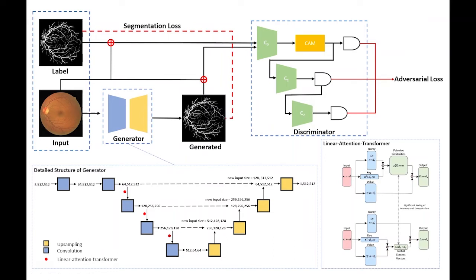For example, we give the generated image a score of 0.2, and we give the label a score of 0.9. So the adversarial loss is 0.9 minus 0.2, which is 0.7, and we transmit this loss to the generator.